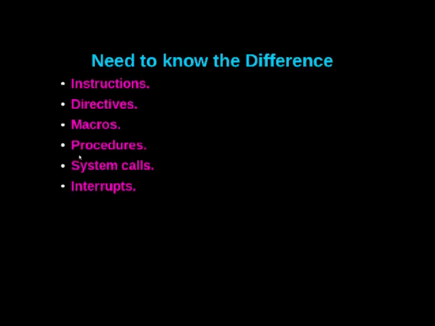Procedures. What are procedures? Procedures are functions, but in assembly they call them procedures. That's the only difference. System calls. System calls are really important, and most people don't know what they are. Have you heard of APIs? Application Programming Interface.